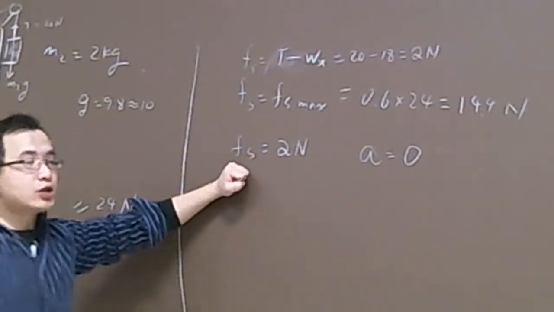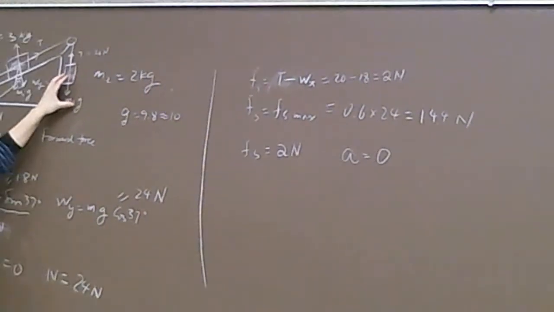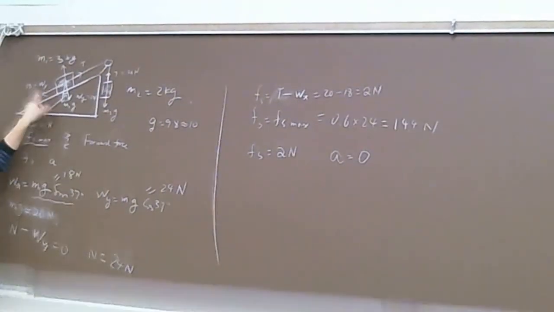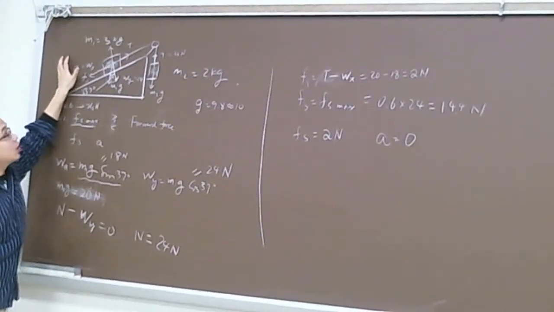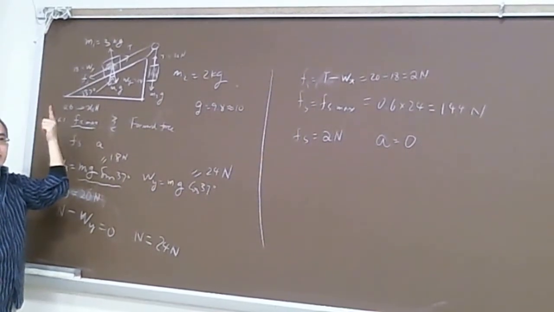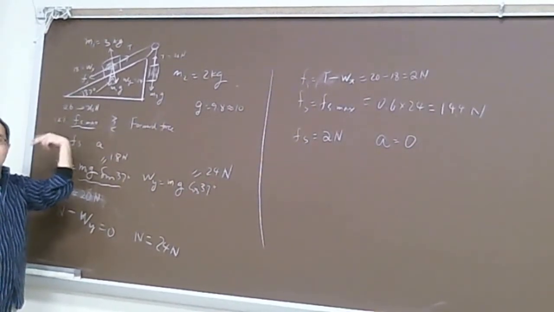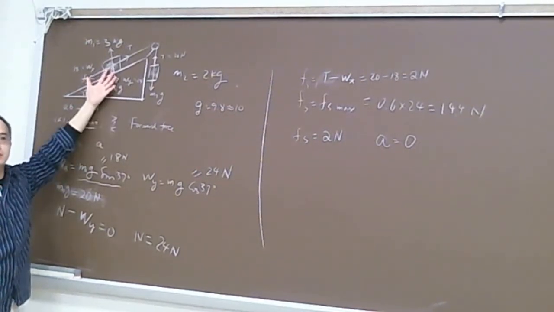Without frictional force, M2 will provide 20 Newton forward pulling force, and on this side you have Wx, which is only 18 Newton. So there is a difference of 2 Newton, and of course the system can give 2 Newton frictional force to make it stay there.